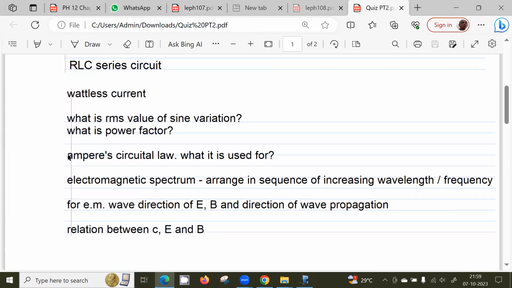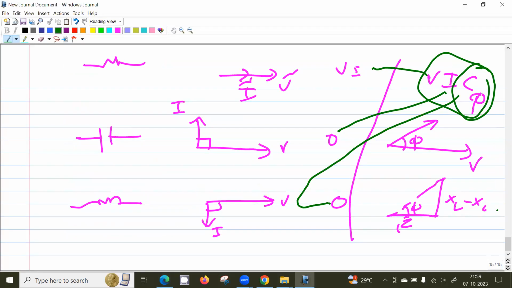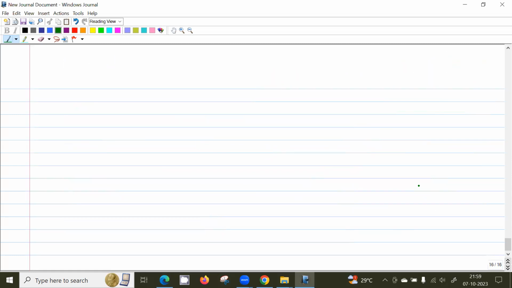Ampere's circuital law we already know, right? This is done in the 4th chapter. And what is it used for? Ampere's second law gives basically the magnetic field, and the source is current, like Gauss's law of electrostatics gives me the electric field, where the source is the charge present inside.